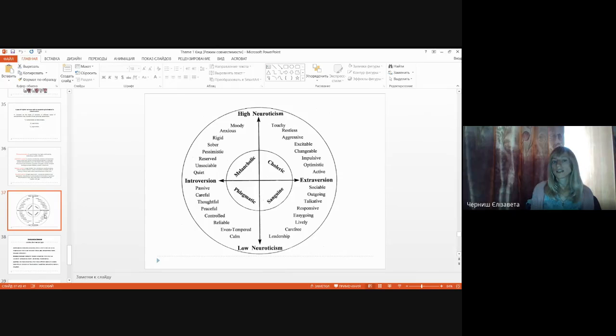We need to understand more deeply the psychophysiological processes in our nervous system, to understand the reason for the conflict and how we can find solutions.